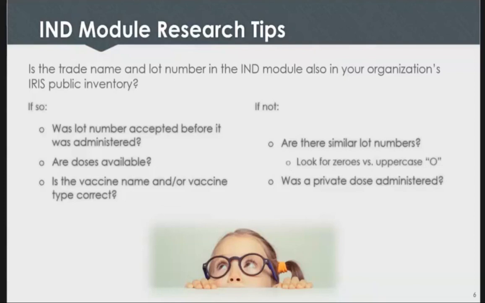Every dose must be accurately accounted for. So the tools that you have available to kind of keep you on base with this is the physical inventory account that you should be submitting at least monthly, which is best practice. And now you have the IND module. So those two tools together, along with the show transaction report, are going to be your best bets in troubleshooting any non-deduct errors.